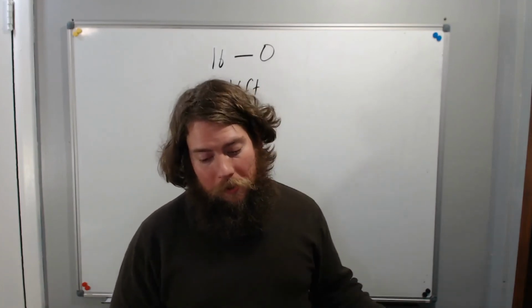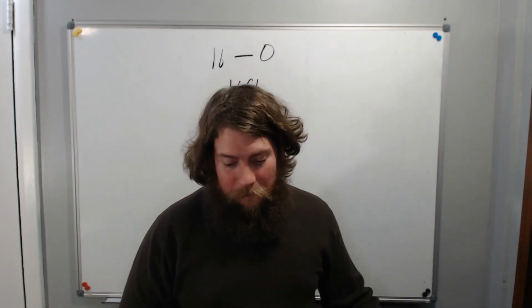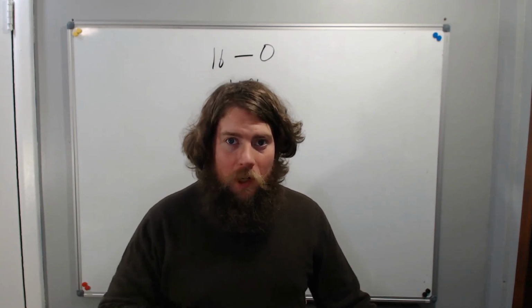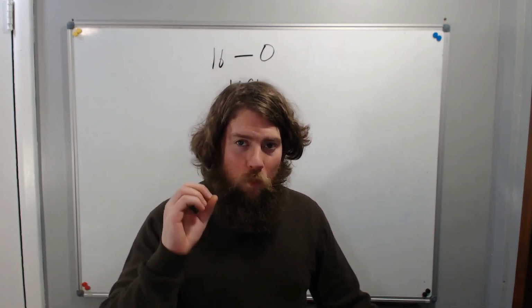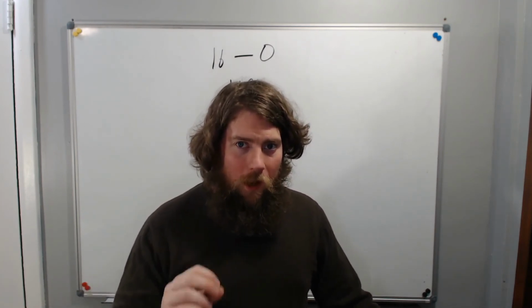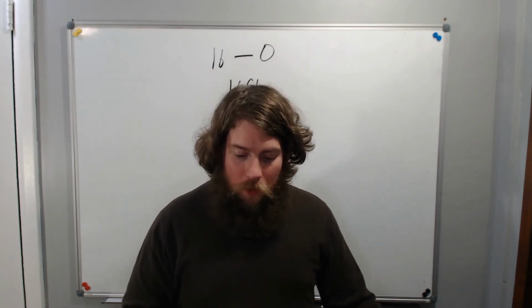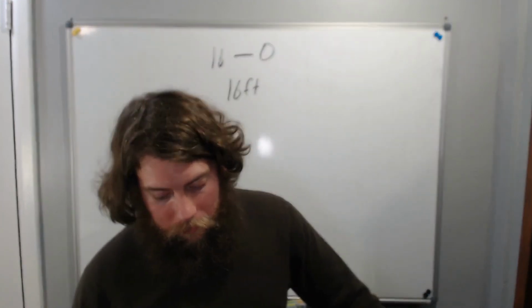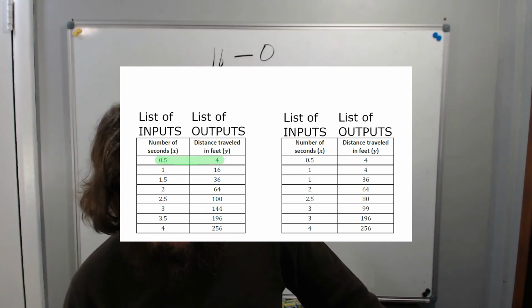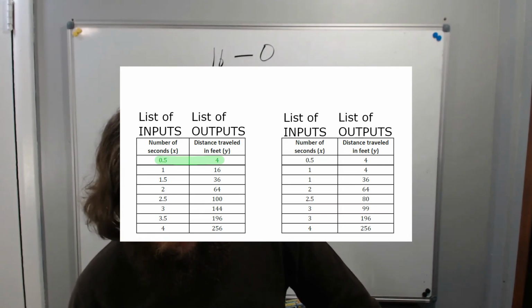Rule number two says that for each input, there can be one and only one output. So in the first table, 0.5 only has the one output 4. 1 only has the one output 16.